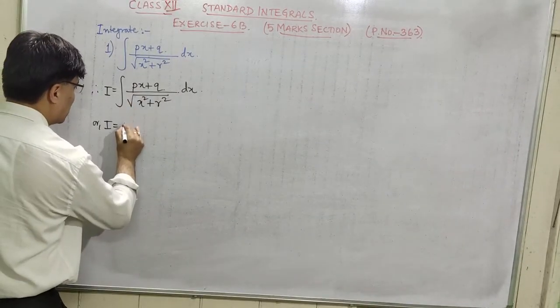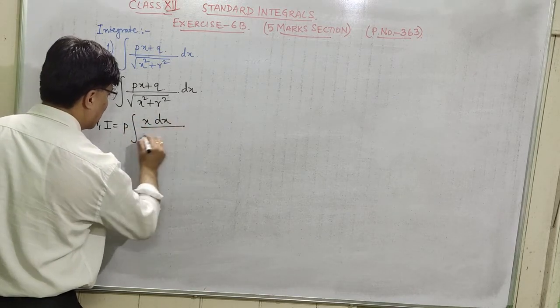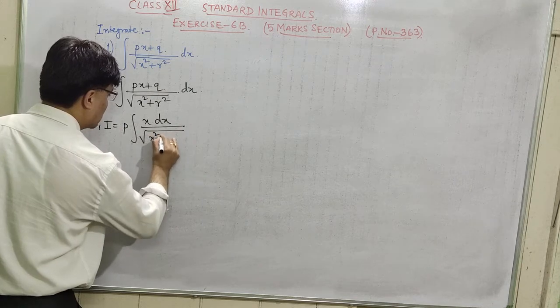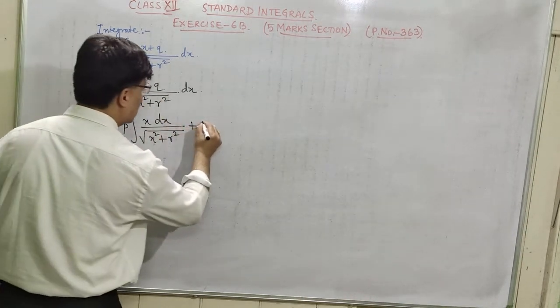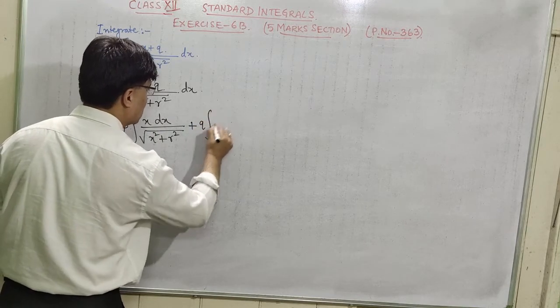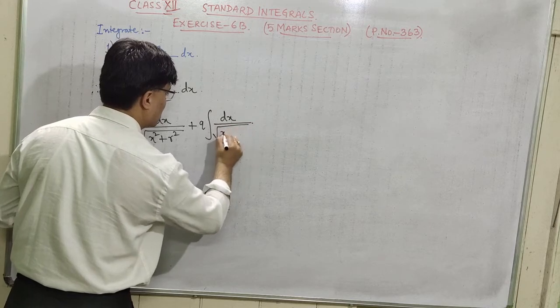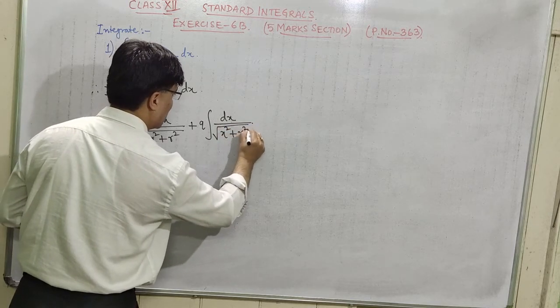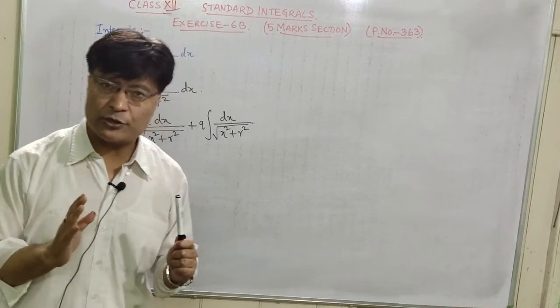P is constant, so I is equal to p times the integral of x dx divided by root over x square plus r square, plus, in this case q is constant and is taken outside, the integral of dx divided by root over x square plus r square. So I think you have understood it.